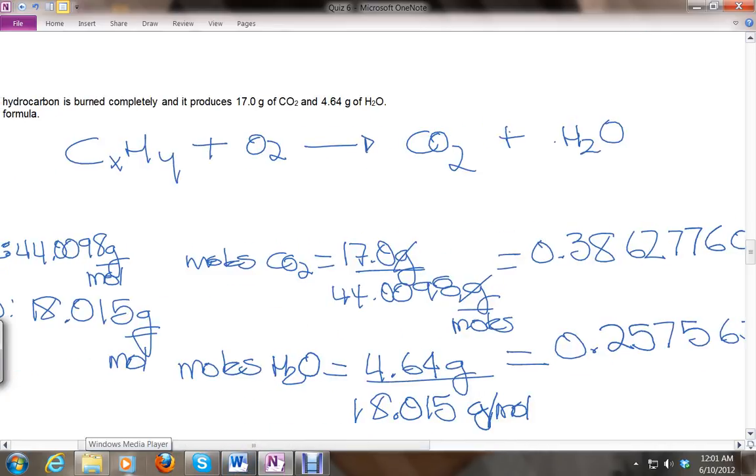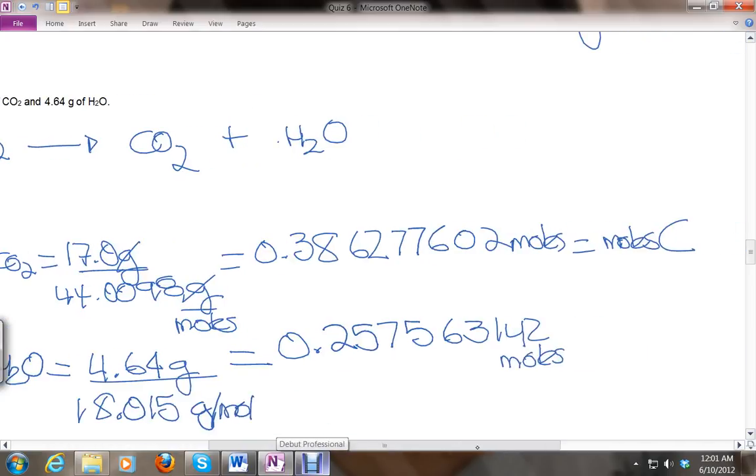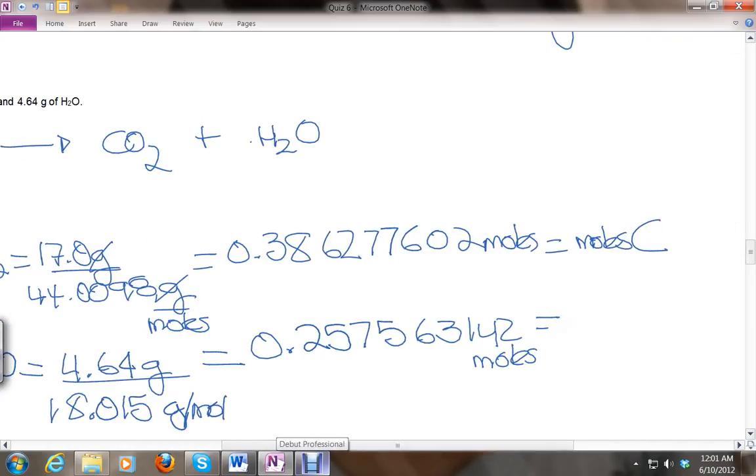The same thing with the hydrogen here. The difference is that if you multiply to find out the moles of hydrogen, how many moles of hydrogen atoms do you have in 1 mole of water?